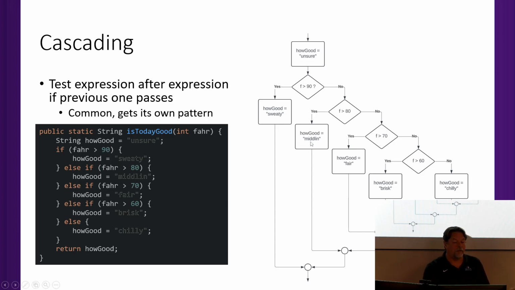Well, I know if it gets to this middling box, then the temperature is between 80 and 90. It's not greater than 90 because otherwise it would have gone here. So this is kind of like a form of a filter, like a sieve. You're filtering the logic into the slot that you want it to go in based on the range of the value that you're testing. And that's where this cascading if is appropriate.